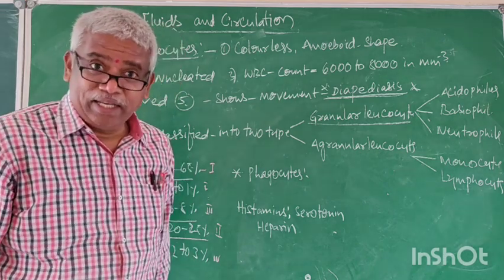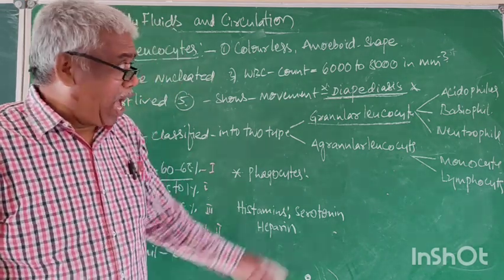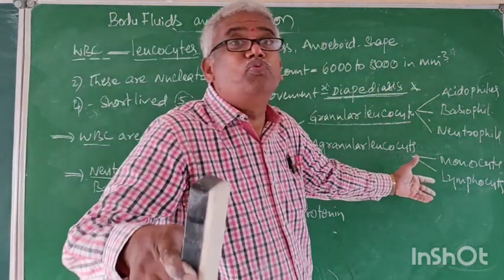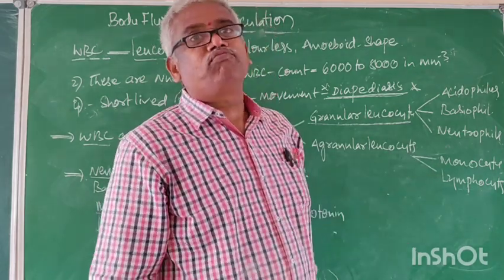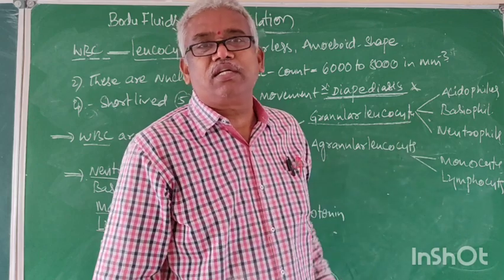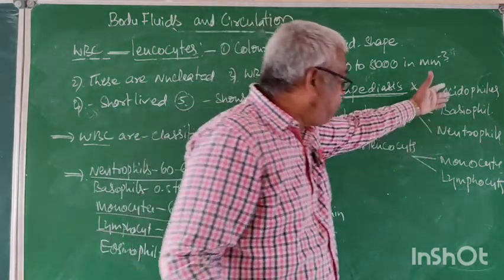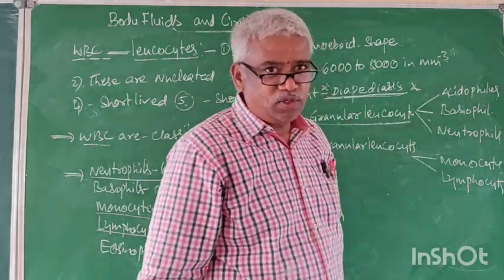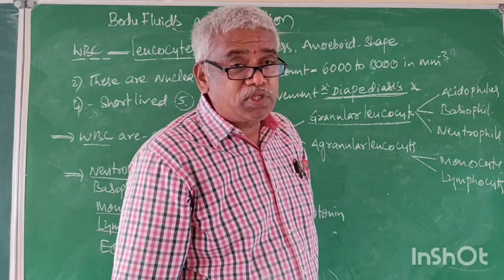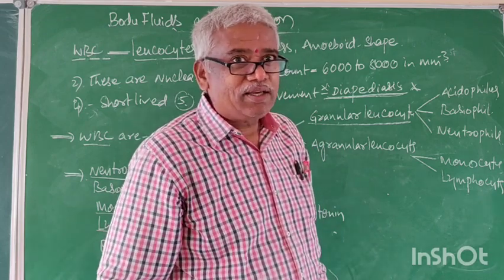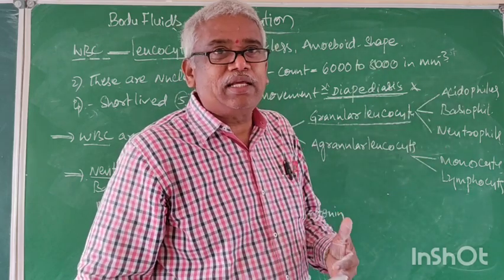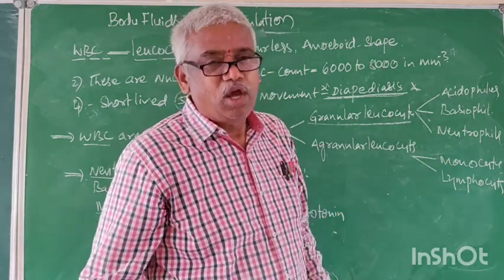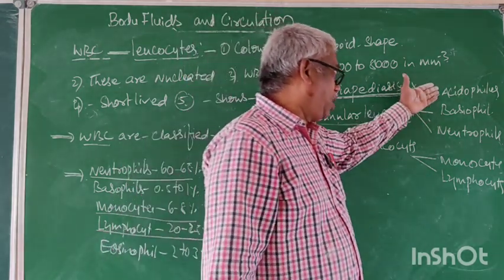Arrange the 5 types of WBC in order according to their number, in ascending or descending. Who is the maximum?